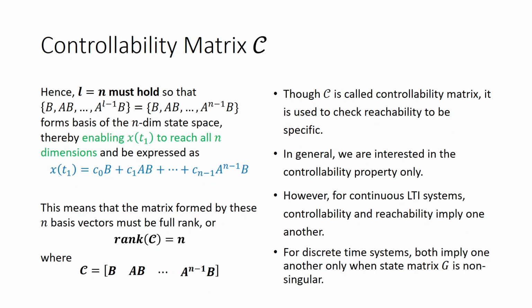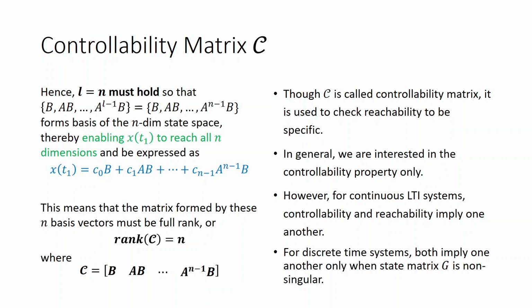So with the understanding of reaching the n-dimensional state space, for that this set of basis vectors B, AB up to A^(l-1)B, their l must be equal to n, otherwise we would not be able to reach n minus l dimensions. With this understanding, we have come to the conclusion that the rank of the controllability matrix must equal n, and this is what we are checking.